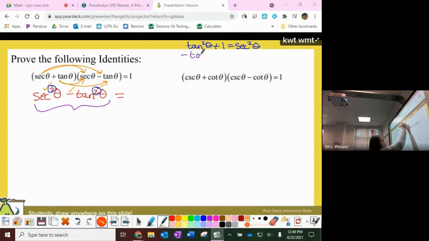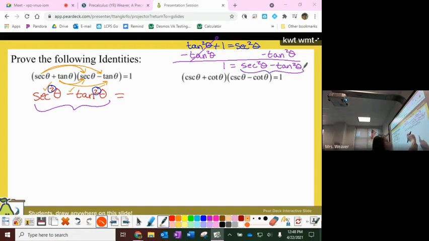If I subtract tangent squared theta from both sides, that's going to give me 1 equals secant squared theta minus tangent squared theta. So I actually can get that whole expression. That's what that right side equals. So what can I substitute in for it? It equals 1. So I can substitute 1 in for it, and we did it.